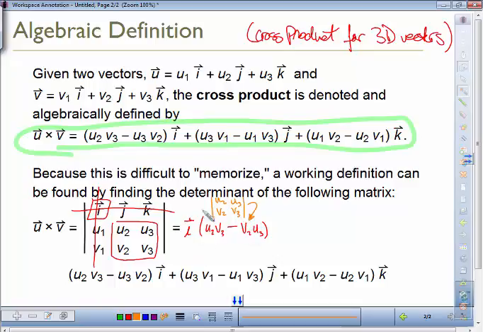The determinant of a 2 by 2 matrix is the product of the diagonals minus the product of the opposite of the diagonals, which is the wings. Okay? That's the beginning. When I say expanding, we're expanding along the top row.